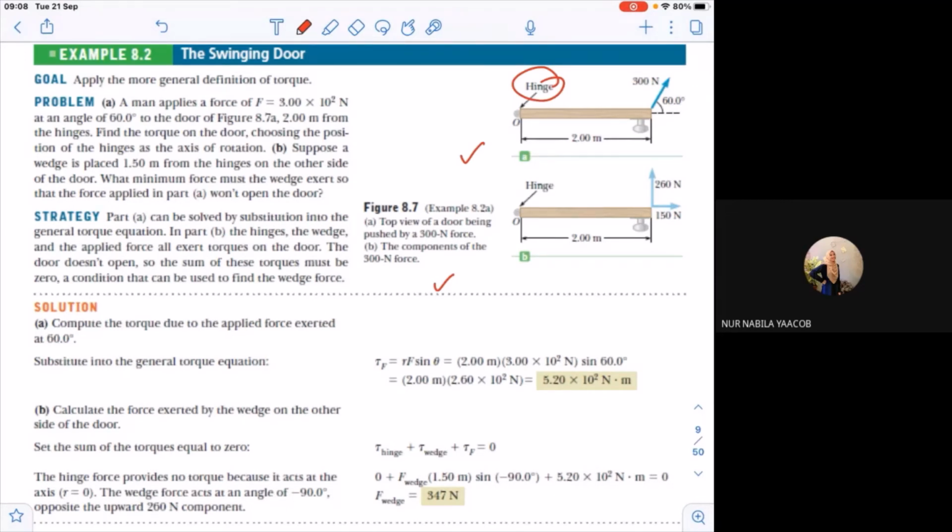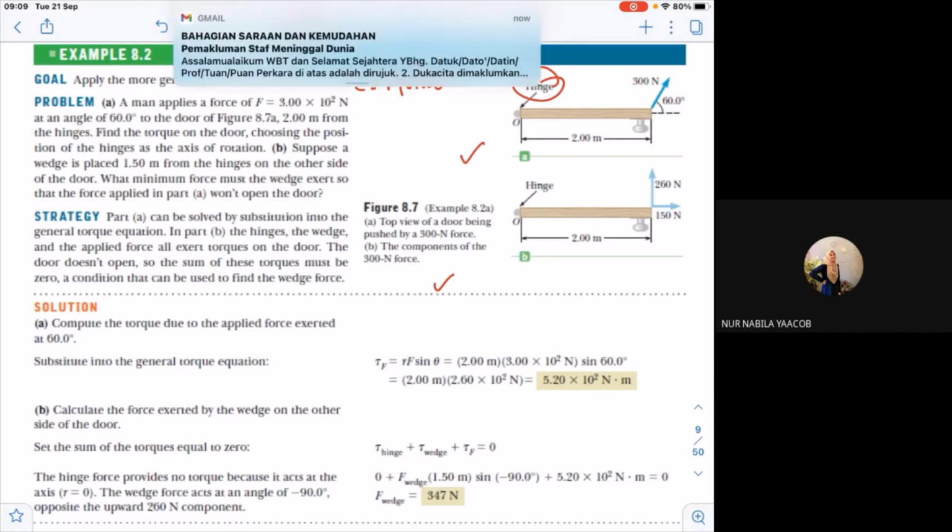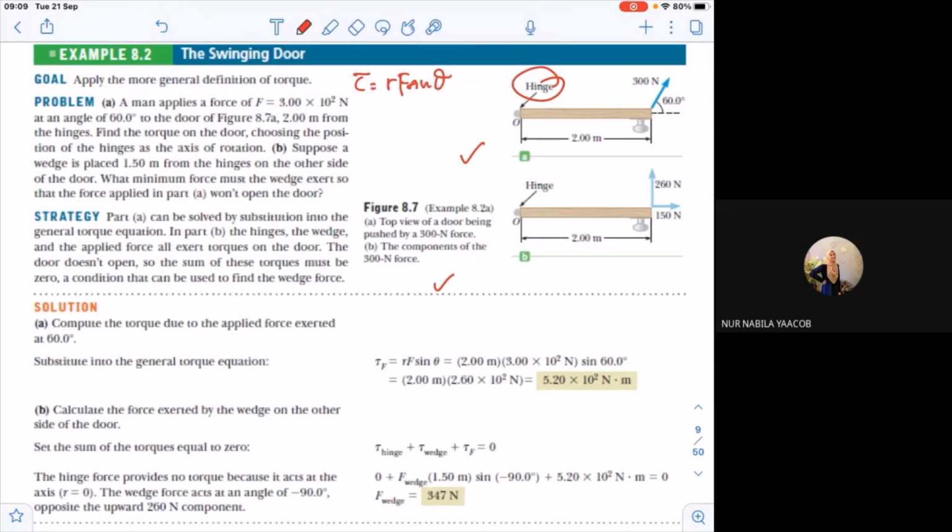Because if you want to calculate R in torque equals R F sine theta, R is exactly from the center to the force. That's why we need to establish first which point is considered the center of rotation, because from that we can calculate R.